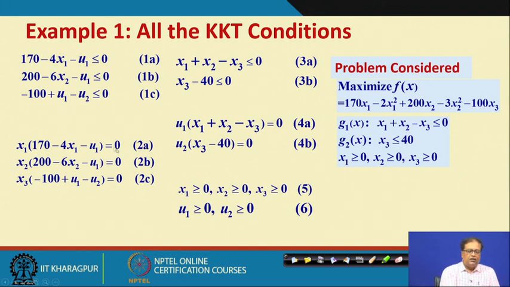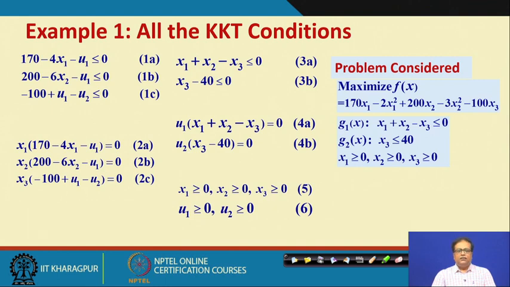These say that either this equation will turn to equality or the corresponding decision variable should be equal to 0. These are the constraints themselves, not the objective function, and this says either the constraints will become equality or the corresponding multiplier should be 0. Finally, these are the non-negativity constraints. So, these are all the KKT conditions.